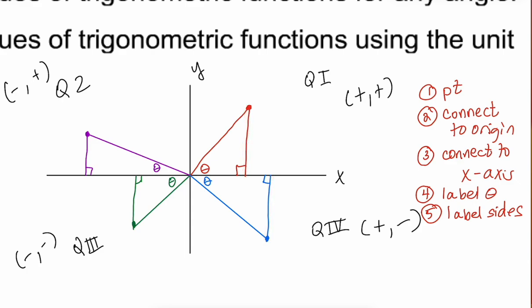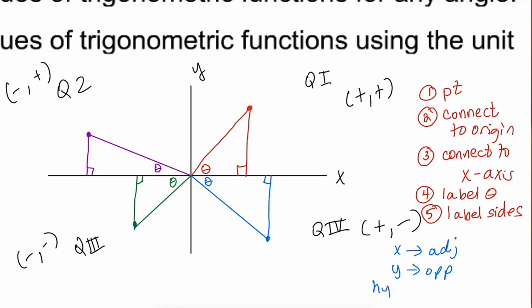And for the first time, a triangle could possibly have a negative value listed for its side, okay? So again, our x is always going to be our adjacent. Our y is always going to be the opposite. And so that leaves us with our hypotenuse. And for our hypotenuse, you're always going to use the Pythagorean theorem.